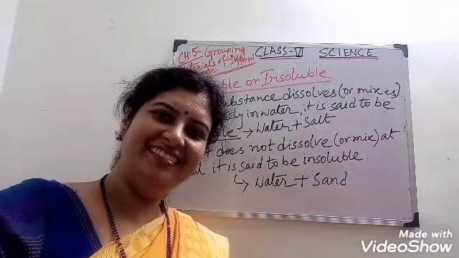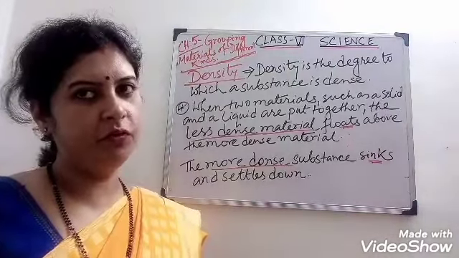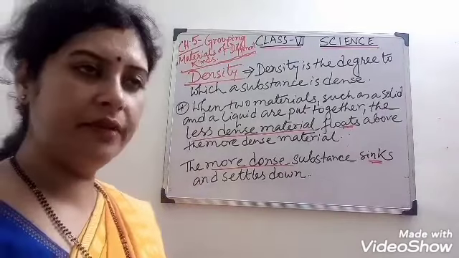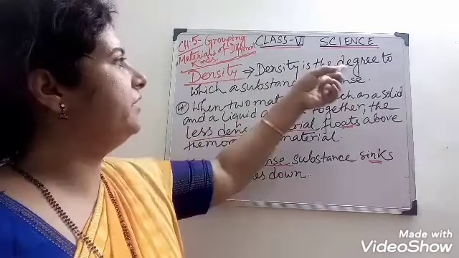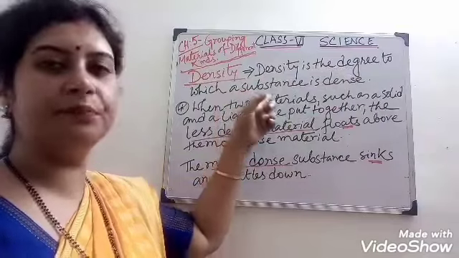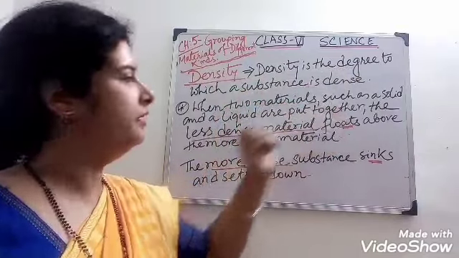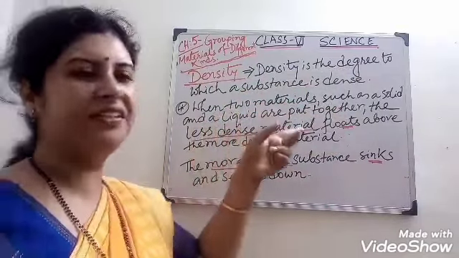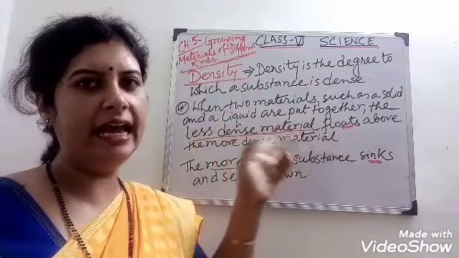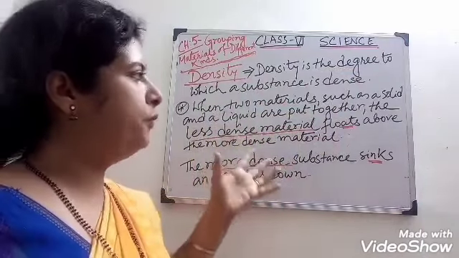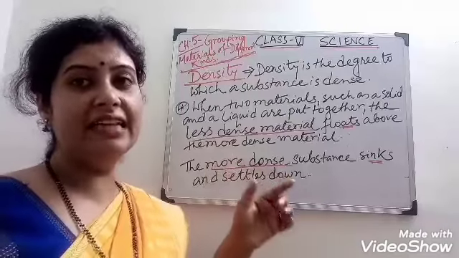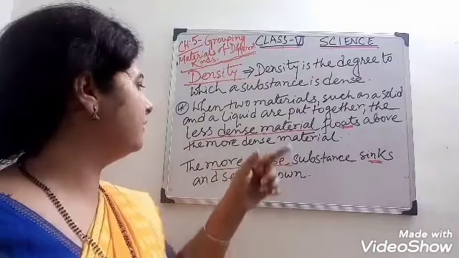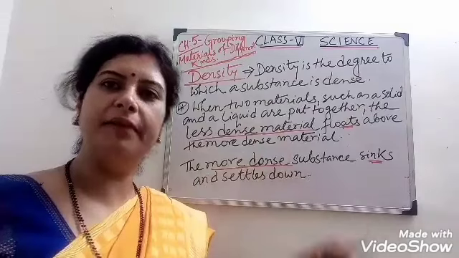Okay children. Property number 4, density. Density is the degree to which a substance is dense. Now when two materials such as a solid and a liquid are put together, the less dense material floats above the more dense material.